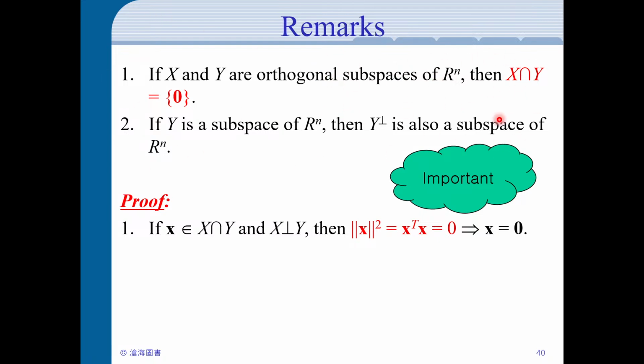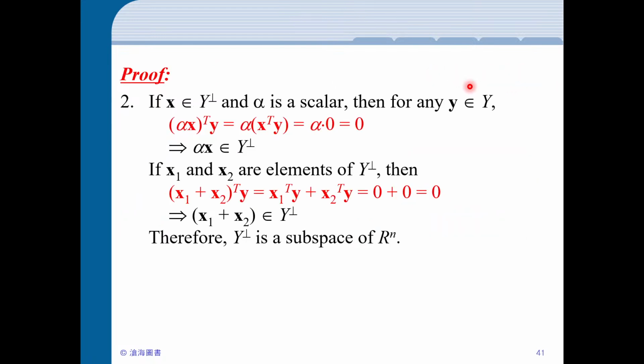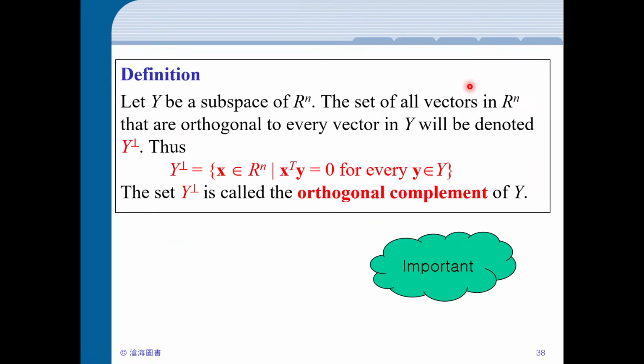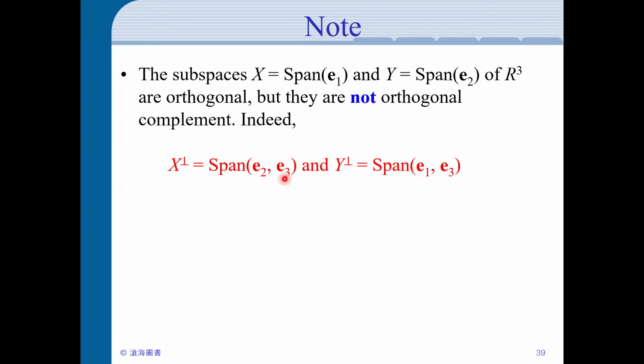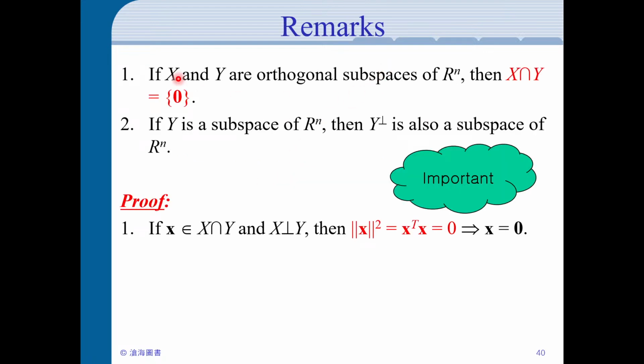So the first property that we kind of already saw: if X, Y are orthogonal subspaces, then... I guess we didn't prove that the complement of a subspace is a subspace, but you can prove it yourself. Anyway, let's go back to this remark on orthogonal subspaces.